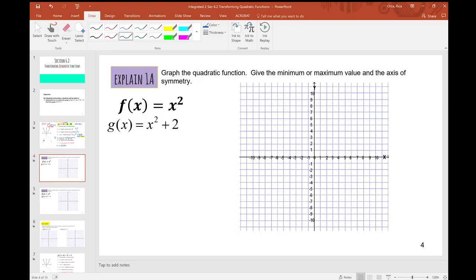Graph the quadratic function, give the minimum or maximum value, and the axis of symmetry. We have f of x equals x squared. So let's go ahead and graph that. We did that in our last lesson, and because we're a little more familiar with how to graph f of x equals x squared, I'll just make a 2-column table.